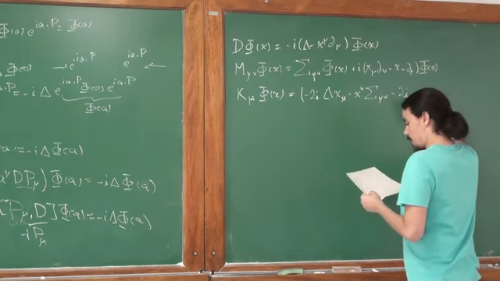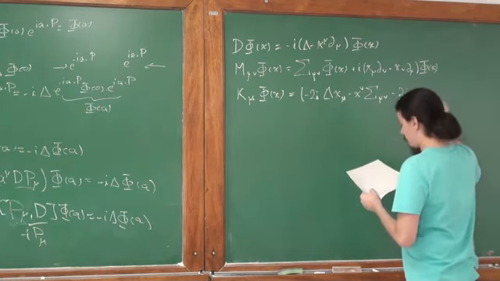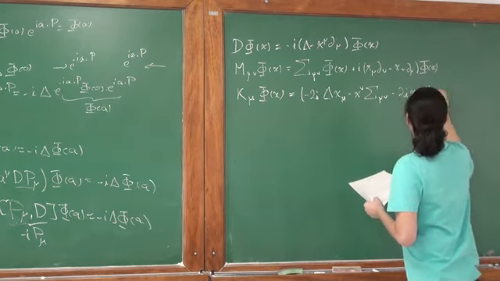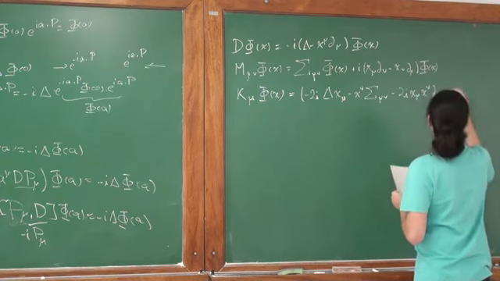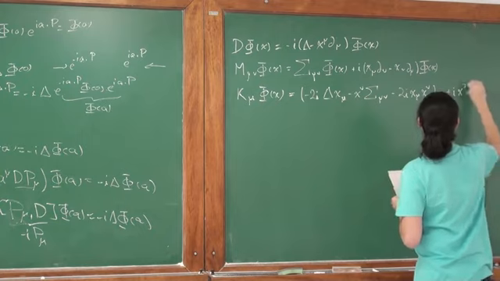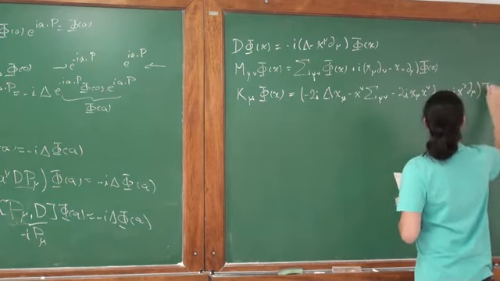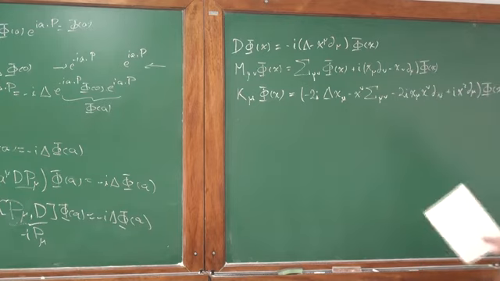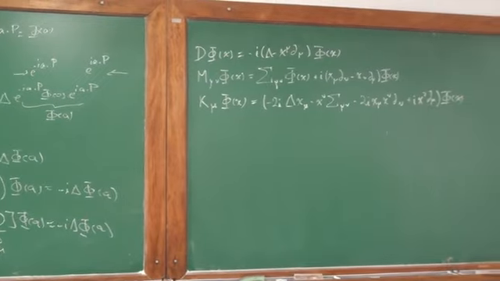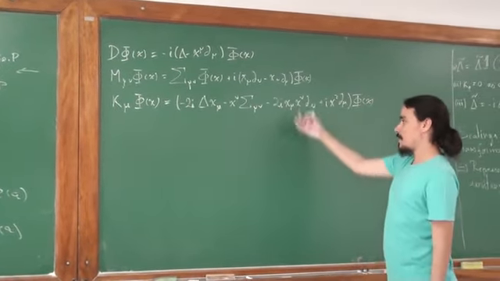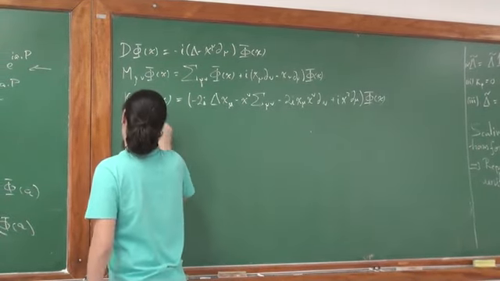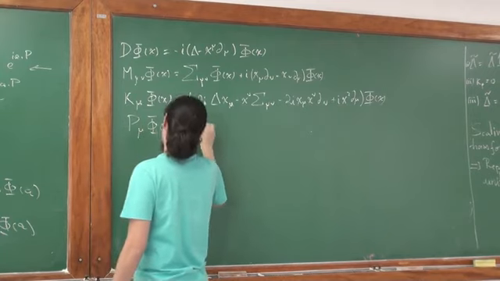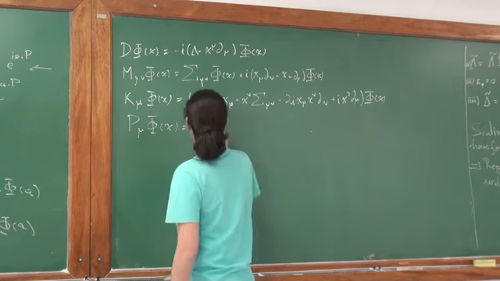So I have to commute them all over again. If you want to, I suggest you do this computation and think of it as an exercise. And you see this is much more complicated. And for completeness, of course, the momentum operator acting on a field at a point x is just the derivative, partial mu.